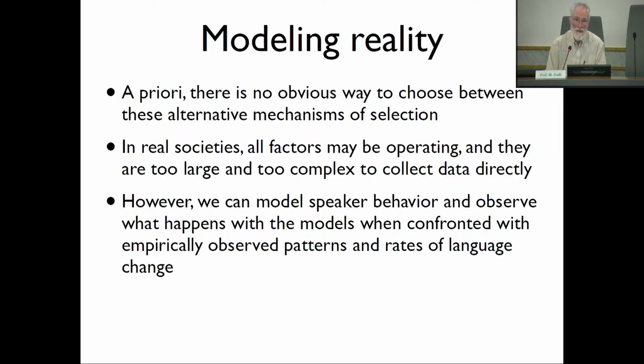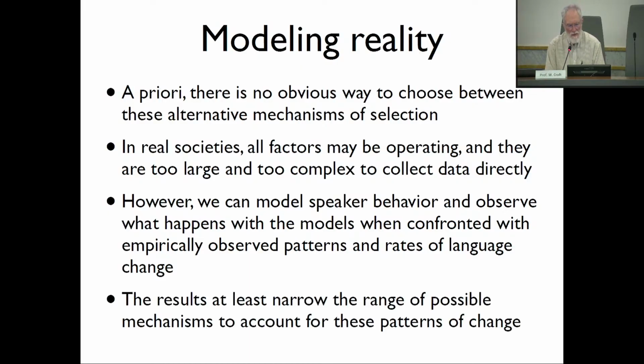In other words, we have empirical observations, and we're going to see whether a model with certain variables in it can actually produce that kind of empirically observed pattern. And the results can at least narrow the range of possible mechanisms to account for these patterns of change.